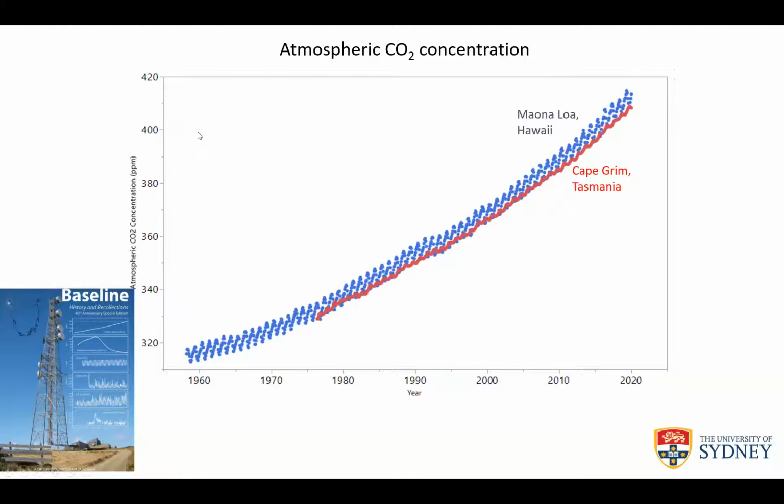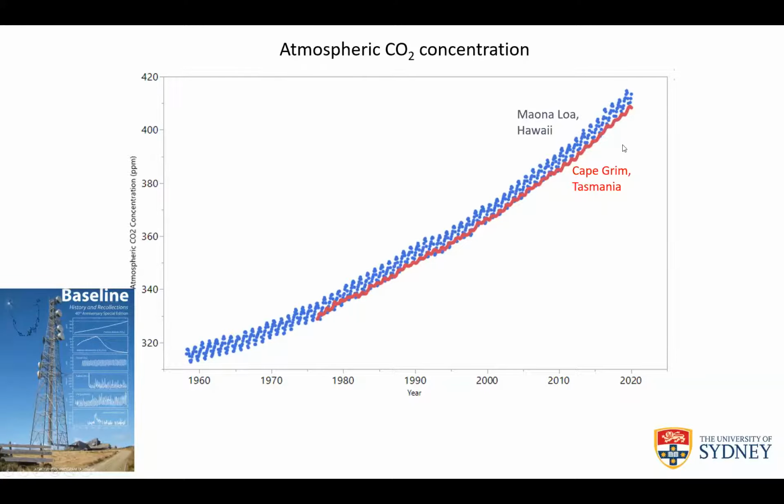The last time our Earth experienced a concentration of more than 400 ppm was during the Pliocene period, around 3 million years ago. So we haven't experienced this high concentration of CO2 since 3 million years ago.